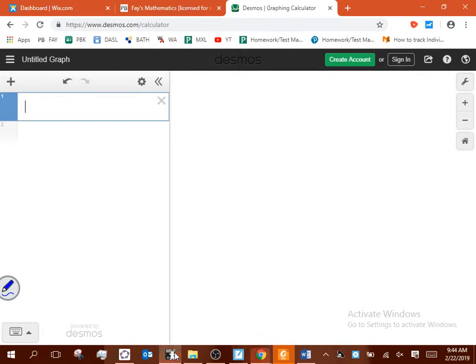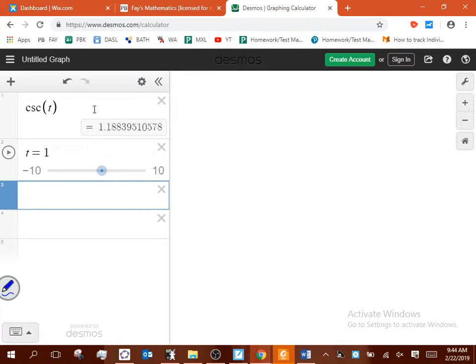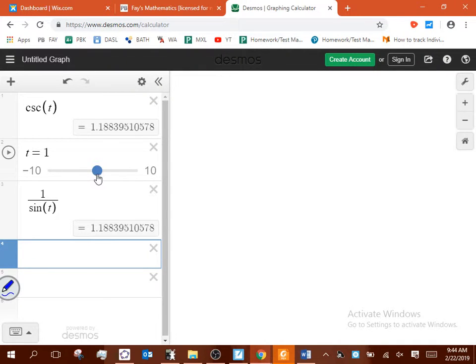And secondly, my calculator doesn't work. So if I type in cosecant of t, I get that. If I type in 1 over sine of t, I get that. No matter what I choose, am I getting the same results back every single time? Yeah. Okay.